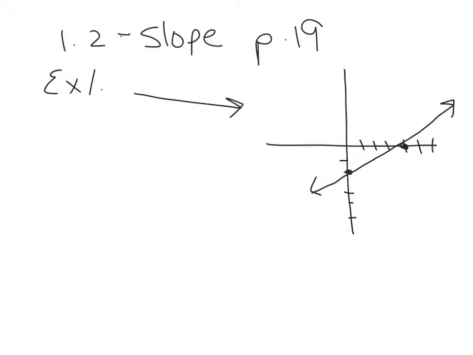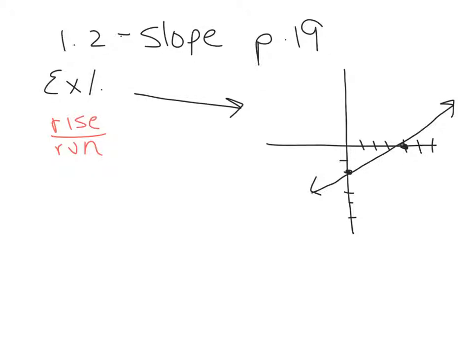When you're finding slope from a graph, you're going to remember that slope is the ratio of rise over run. So on your graph, you're going to draw a vertical and a horizontal line that connects. The intercepts are a good place if your line actually crosses right at a tick mark intercept.